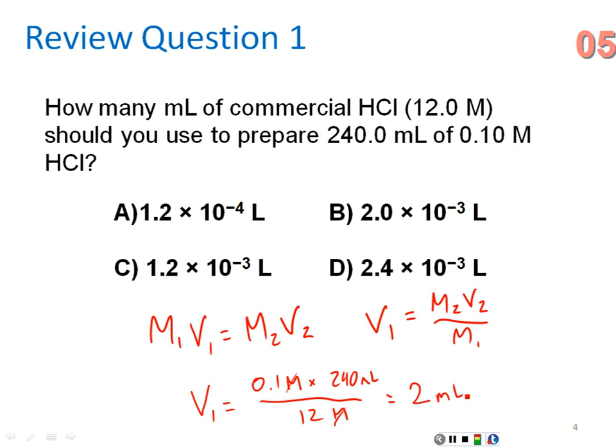If you notice, all 4 of our choices are in liters, so we have to convert milliliters to liters. There's 1,000 milliliters for 1 liter, so the milliliters would cancel. 2 divided by 1,000 is 2 times 10 to the minus 3. The answer is B.